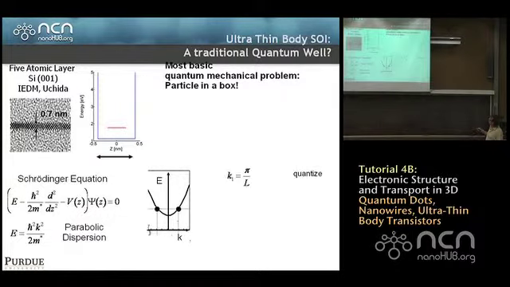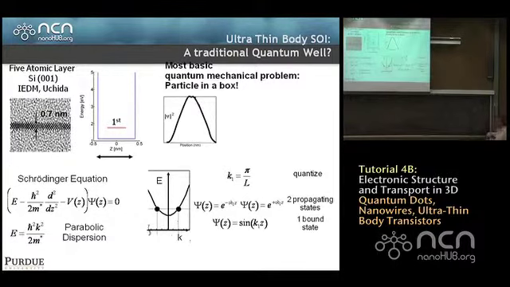And if you do that, you find that your ground state is at pi over L. So you go into this dispersion here, and you have 2 states, right? You have a forward propagating and a reverse propagating state, an e to the ikx and an e to the minus ikx, or z. So you have 2 propagating states, and you combine them into one bound state, right? Because they interfere with each other, and they basically form a bound state.